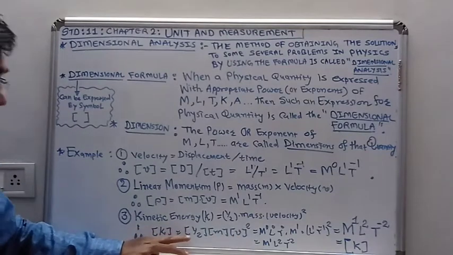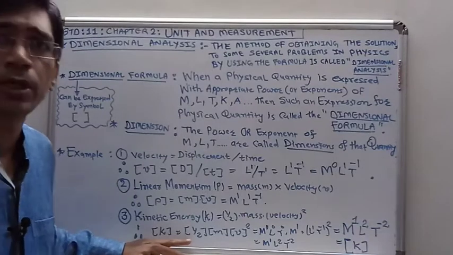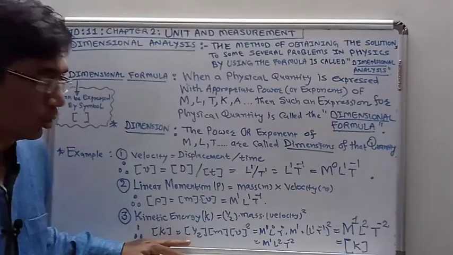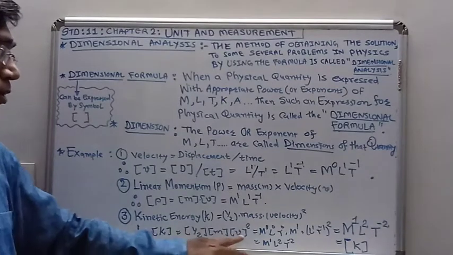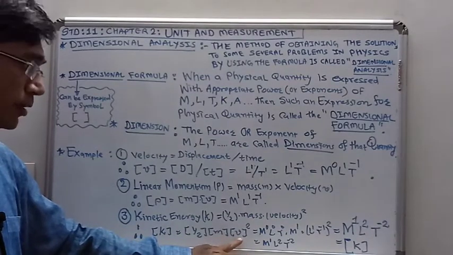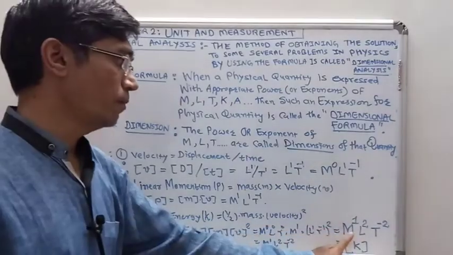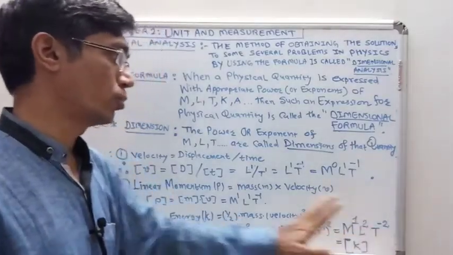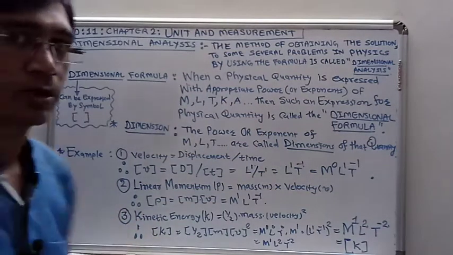Here 1 by 2 is a number, so it is a constant. The constant has no dimension, so it is taken as M^0 L^0 T^0. M^1, here (L^1 T^-1) raised to 2. So it is written as M^1 L^2 T^-2. This is the dimensional formula of kinetic energy.